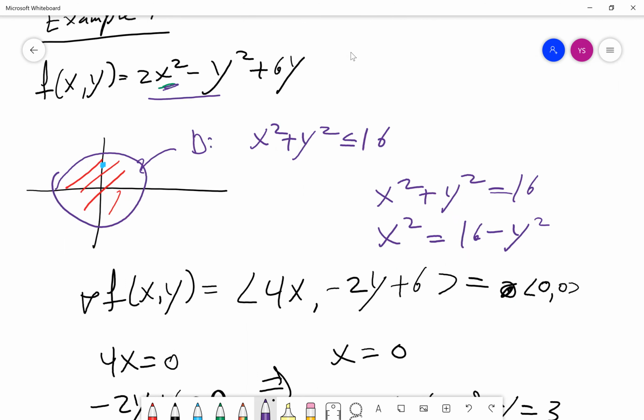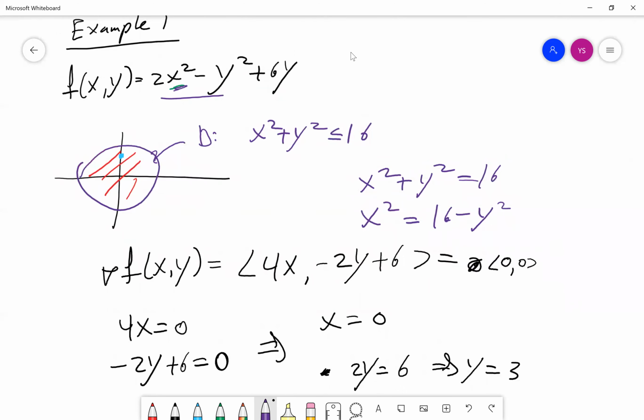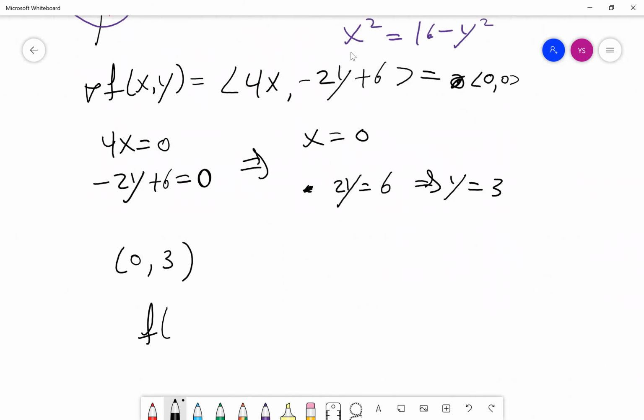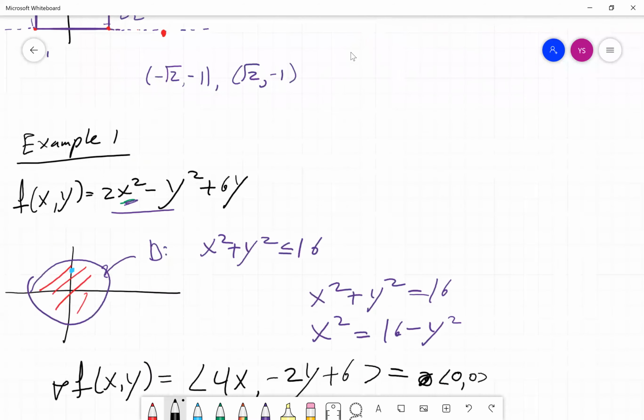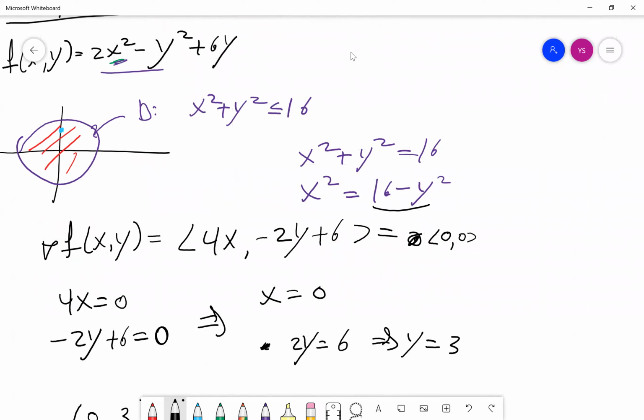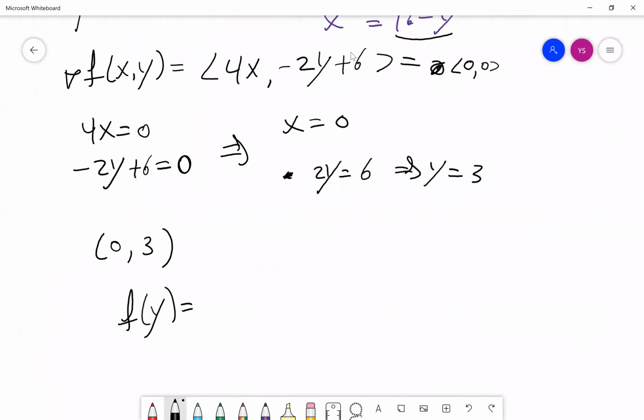So now my new f, just f with respect to y, is going to be 2 times my x squared, so 2 times 16 minus y squared.